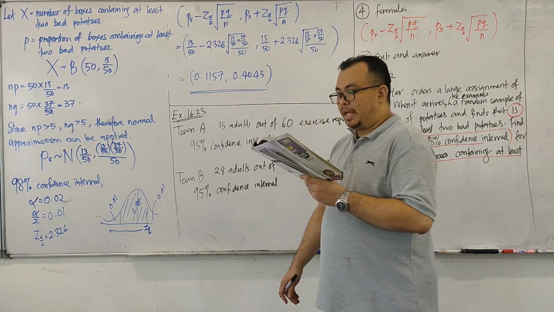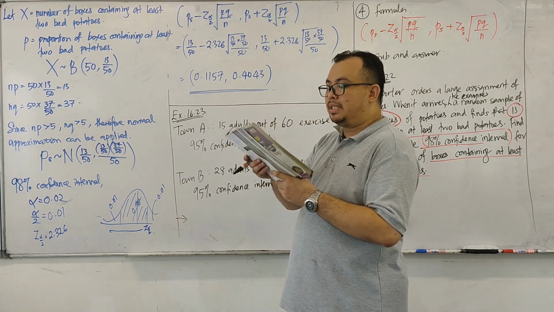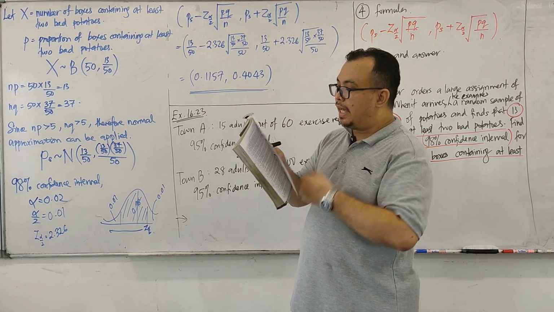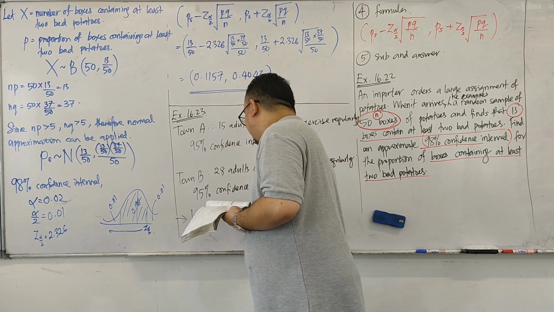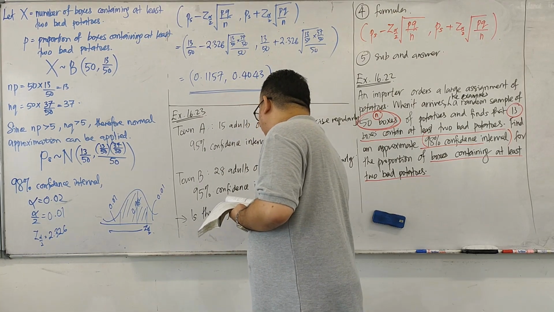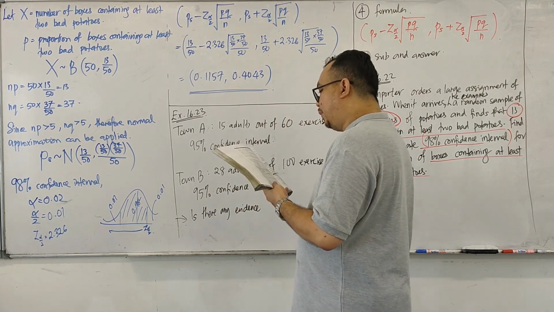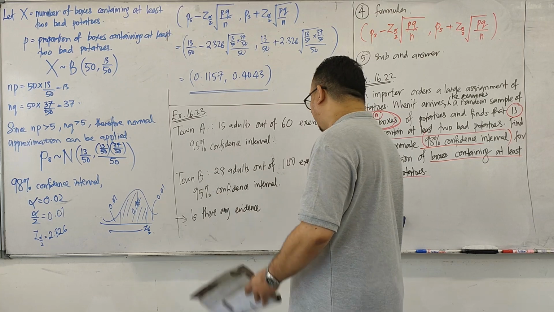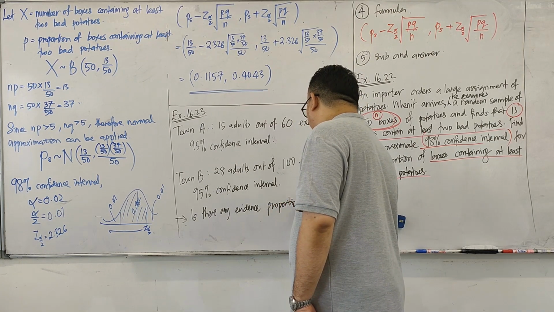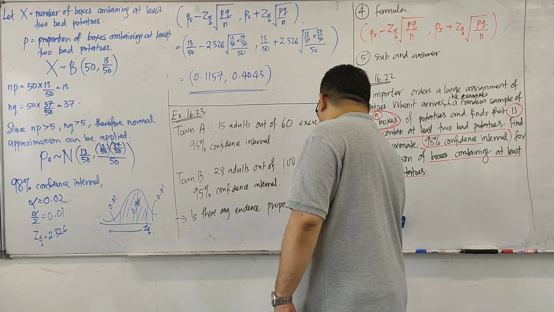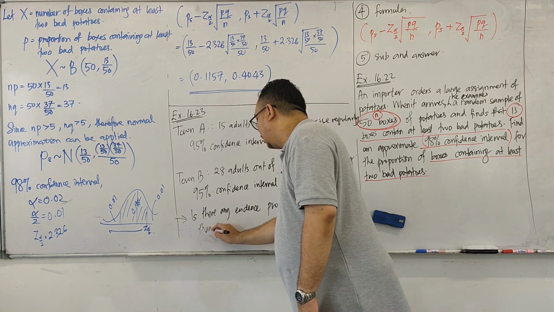Okay, and then after that, the third part of the question: on the basis of this survey, is there any evidence that the proportion in town B is higher than the proportion in town A?